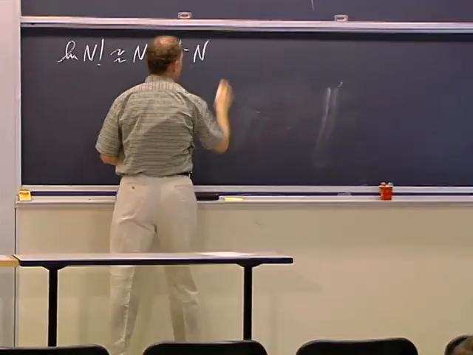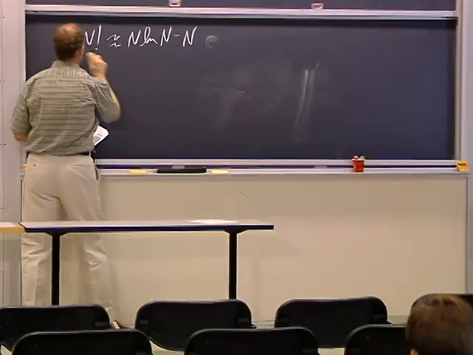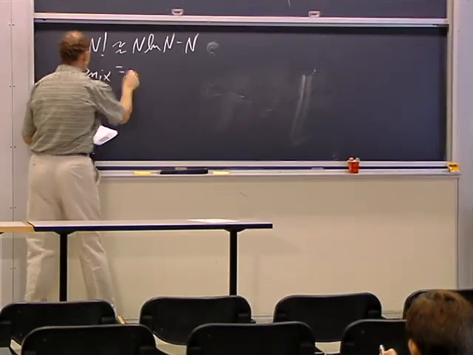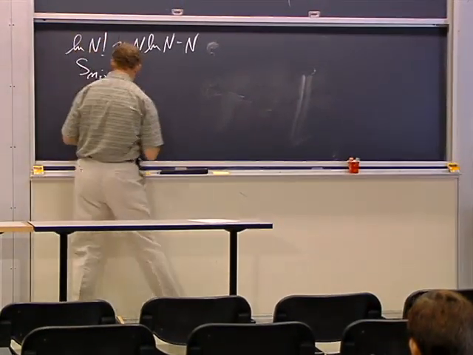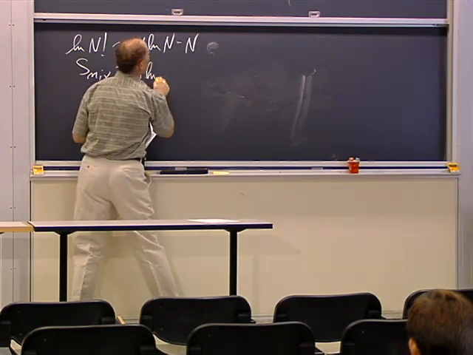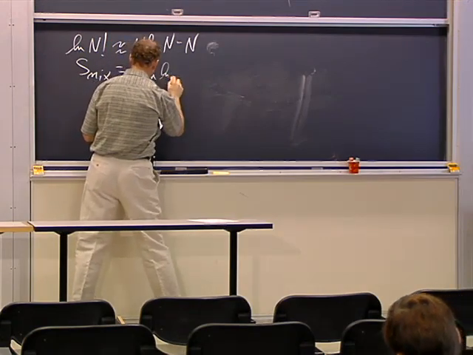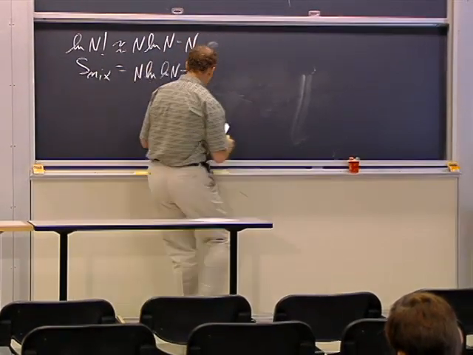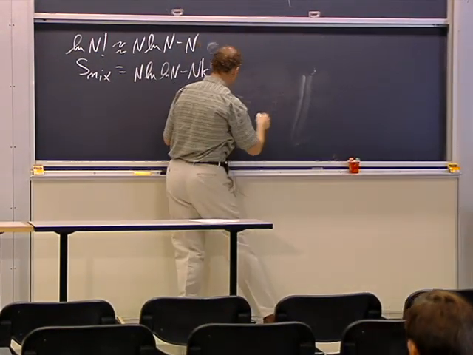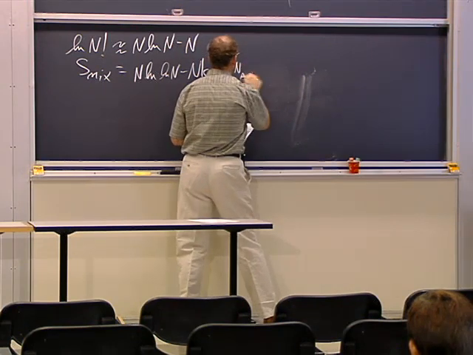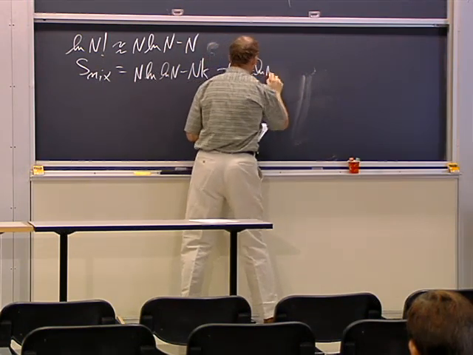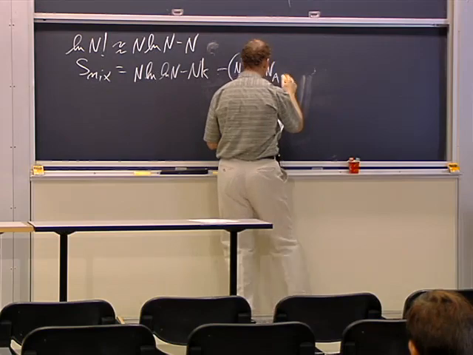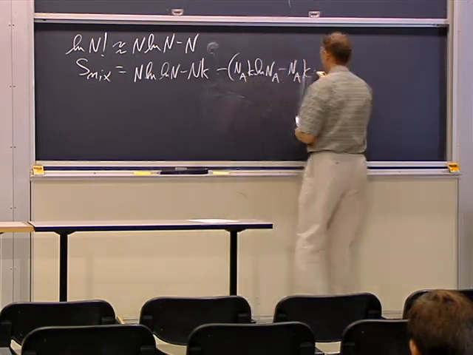So then we have S for the mixture is N k log N minus N k, minus, and now we'll do the bottom, the numerator, N_A k log N_A minus N_A times k.